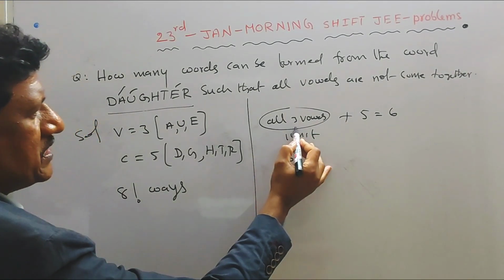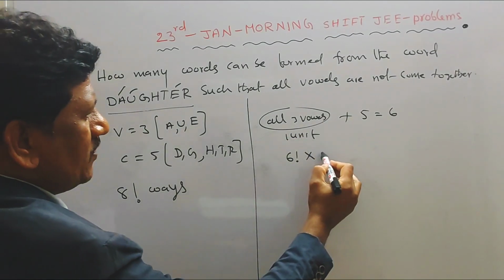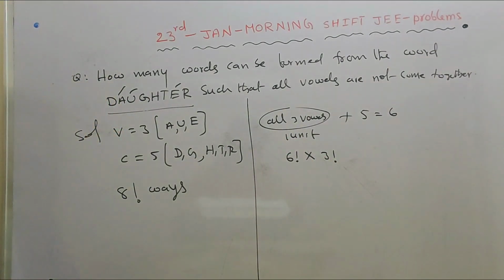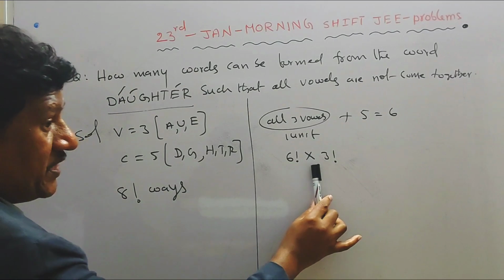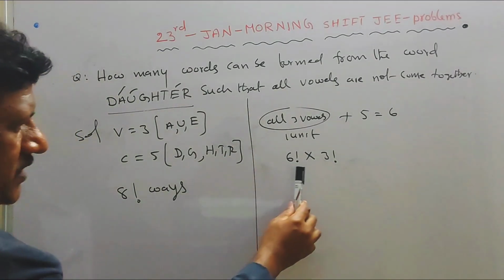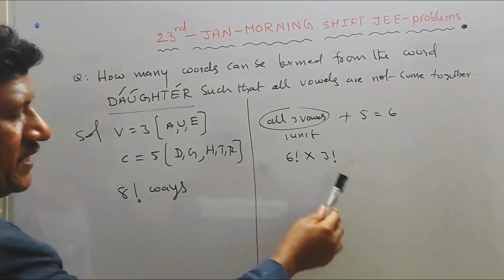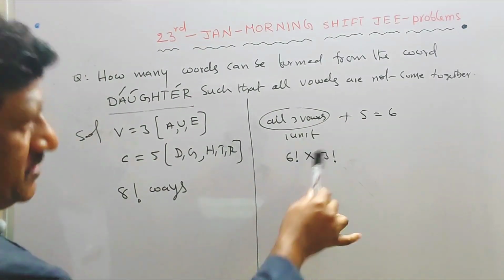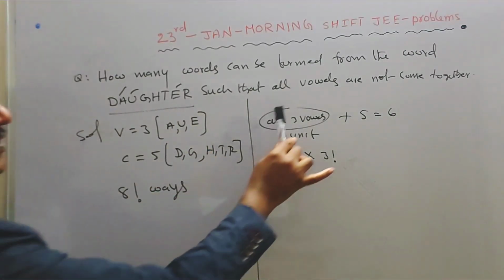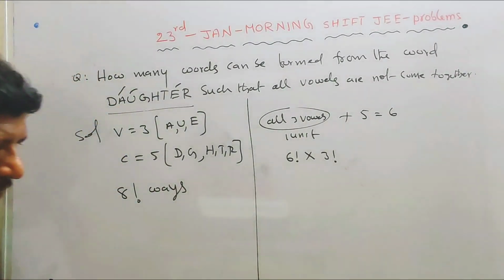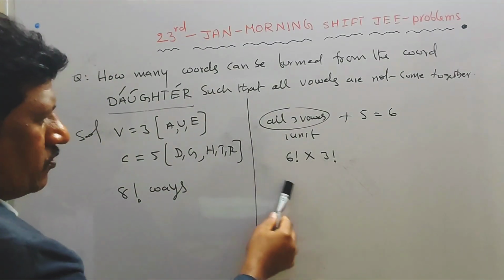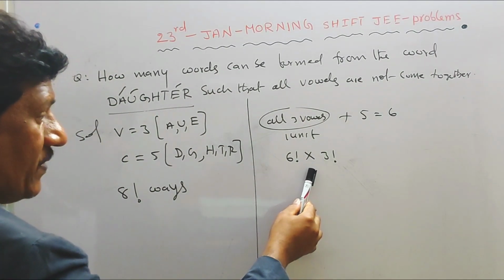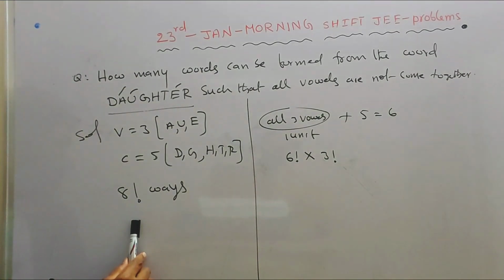Also, we can arrange these 3 vowels within themselves in 3 factorial ways. These are the unwanted permutations, that means all vowels come together permutations. But our statement is vowels not come together. Then we need to remove these unwanted permutations from the total answer.